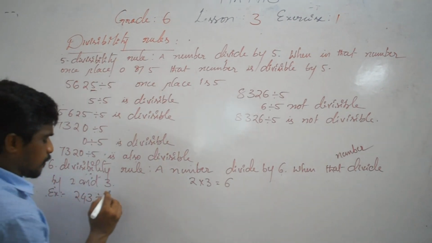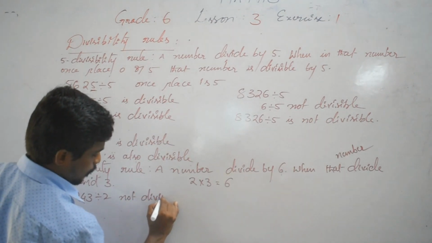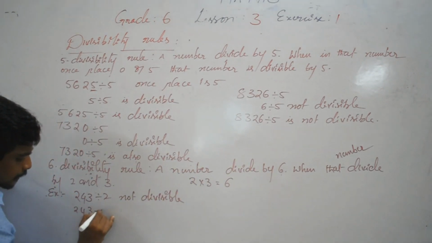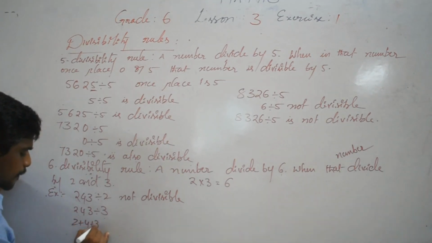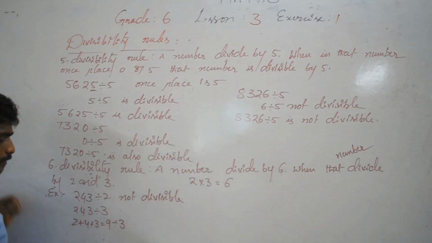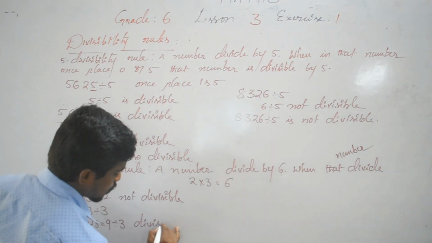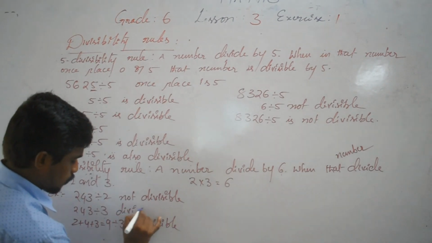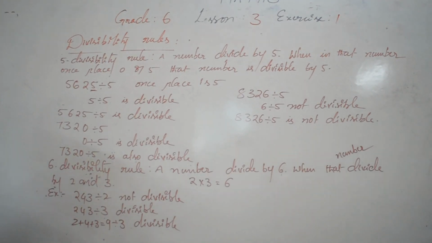So not divisible. But 243 divided by 3: 2 plus 4 plus 3 is 9, and 9 is divisible by 3. So this is divisible. So 2 is not divisible, 3 is divisible.